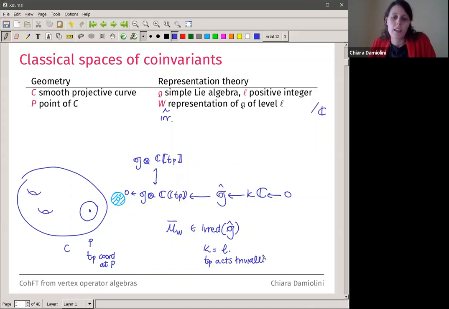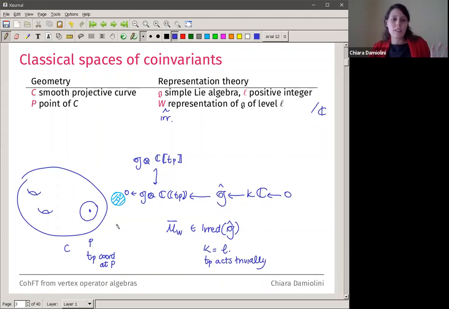So essentially, I kill all positive powers of t_P, but I have some negative ones, which artificially exist there. And if I just induce the representation, it will not be irreducible, but there is a maximal quotient. So I can construct this.